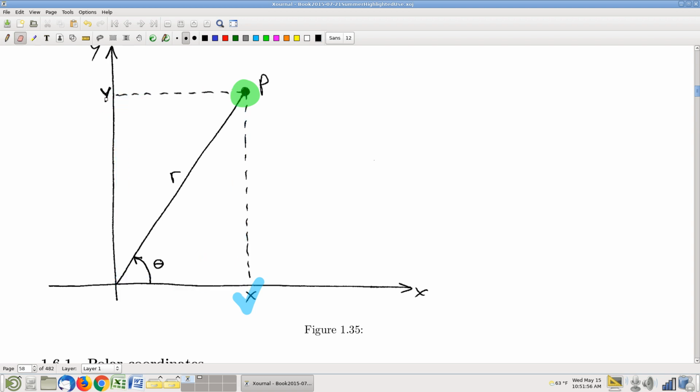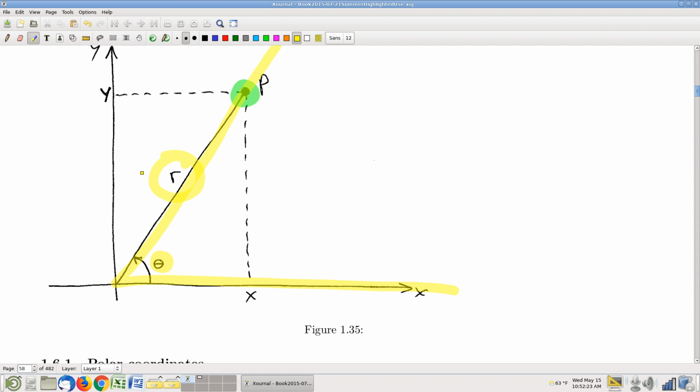Totally different way that I could describe that location is by talking about what is that angle, what we call theta, and what is this, let me loosely say distance, namely, given that you're going in this direction defined by theta, how far from the origin do you go in that direction?